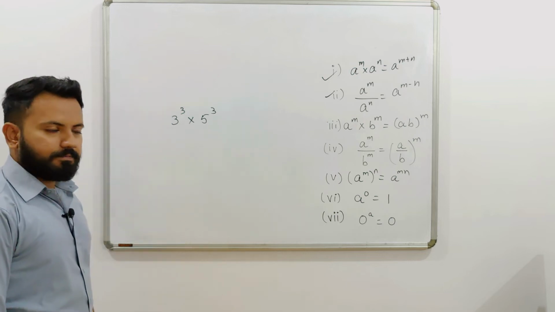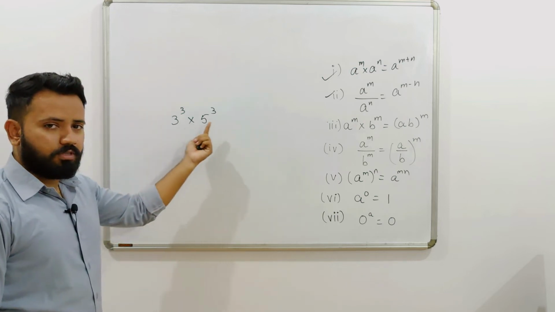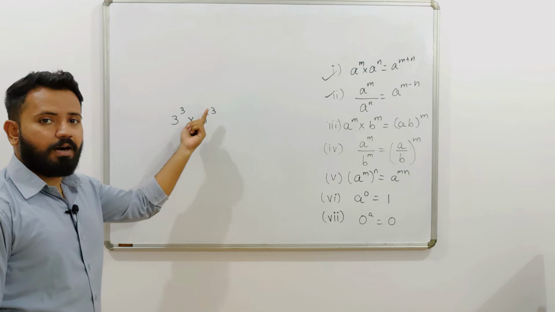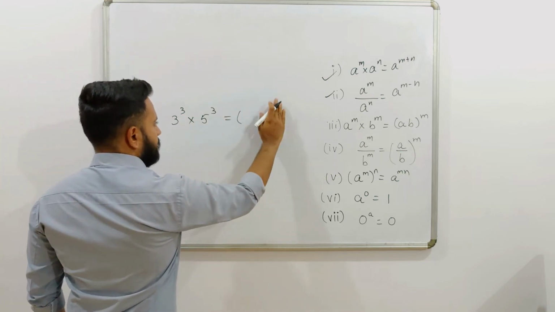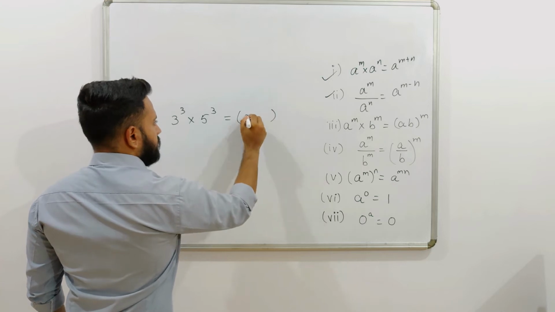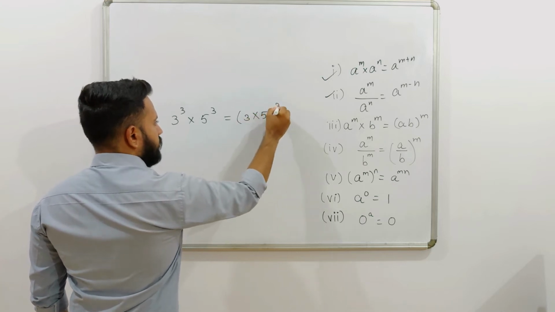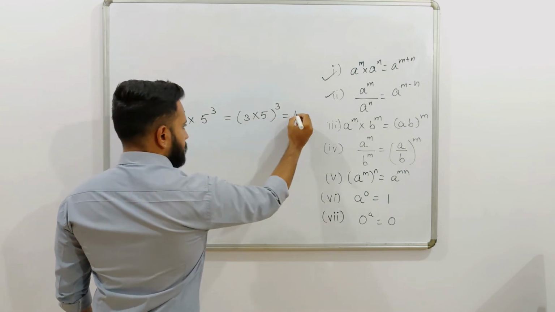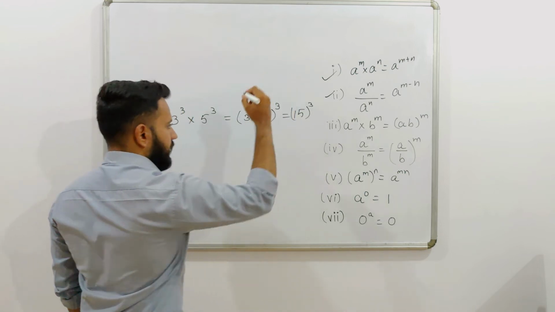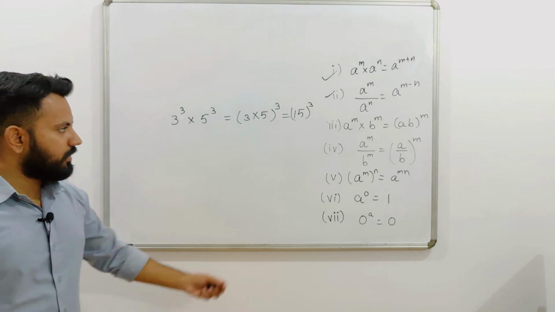If this is our question, as you can see, both the exponent bases are different but the power is same. So what will happen is the base will get multiplied: 3 into 5 whole raised to the common power 3. That gives us 3 5s are 15 raised to 3. So that is the third law.